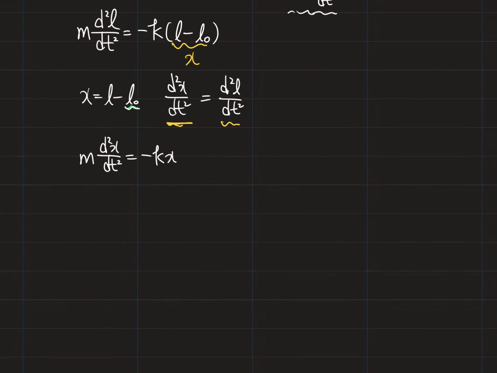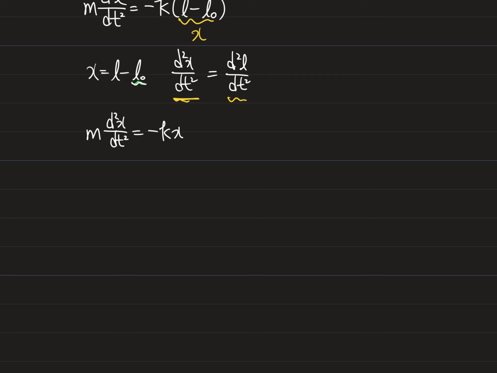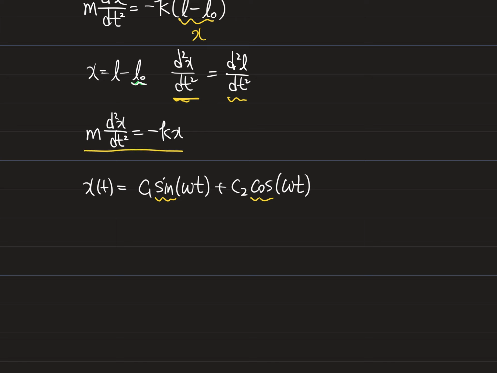So you know that the general solution to this differential equation is simply x equal to c1 sine omega t plus c2 cosine omega t. This is the linear combination of sine function and cosine function. Both sine function and cosine function can satisfy this differential equation. In this case, we have to take the linear combination of all possible solutions, right?